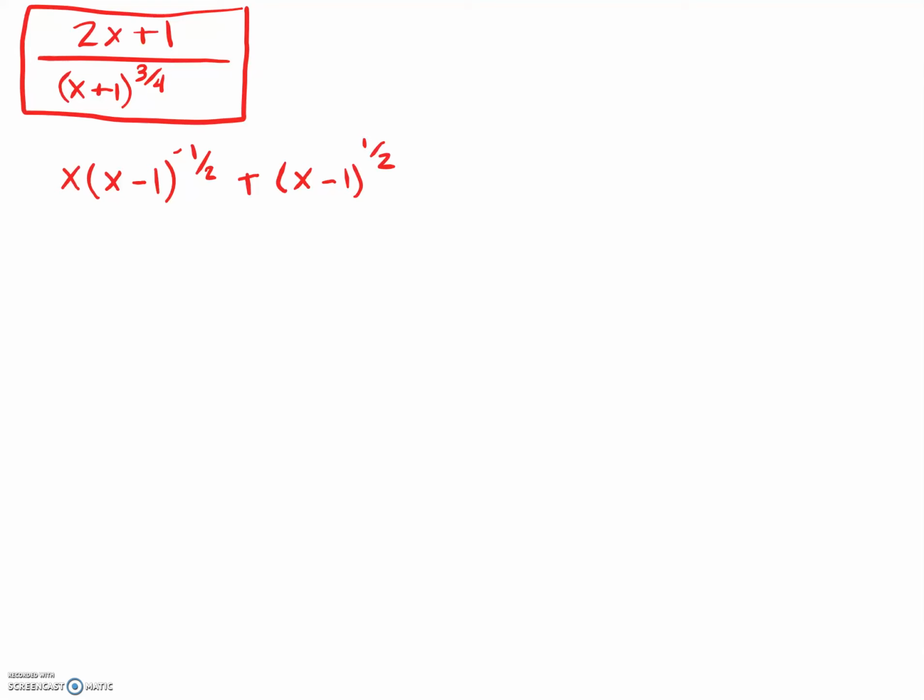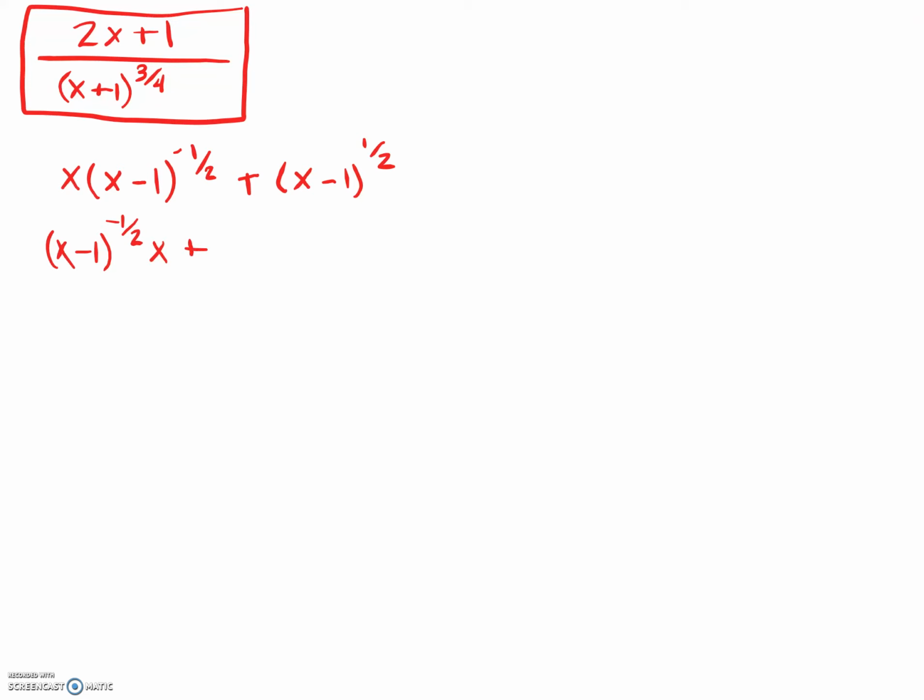Okay, we should be able to see that we have already a greatest common factor. So our greatest common factor, we're going to use the smaller term, negative 1/2. So the first one is just times x.